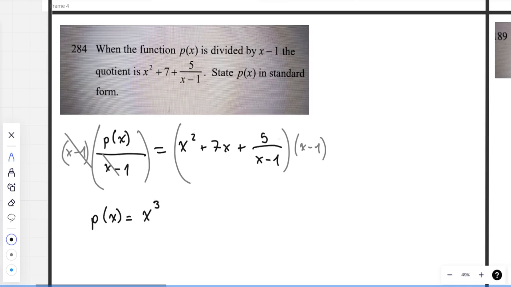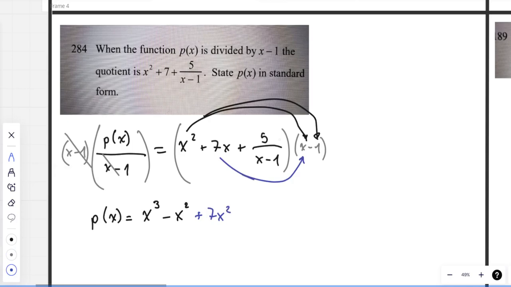X squared times minus 1 gives us minus x squared. Then 7x, I could do it in different colors if that makes it easier. That will give us x cubed. That gives us minus x squared. That gives us plus 7x squared and minus 7x.